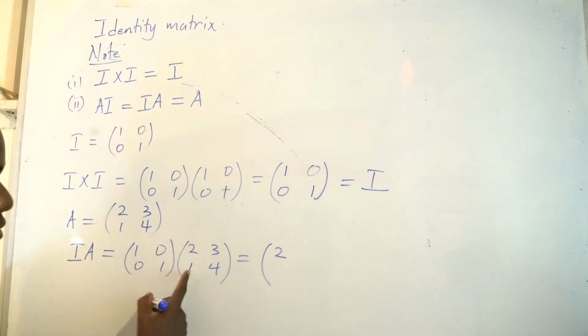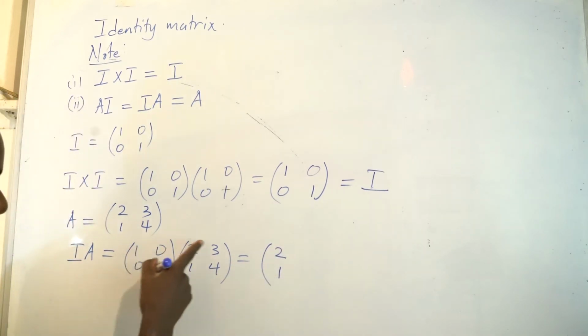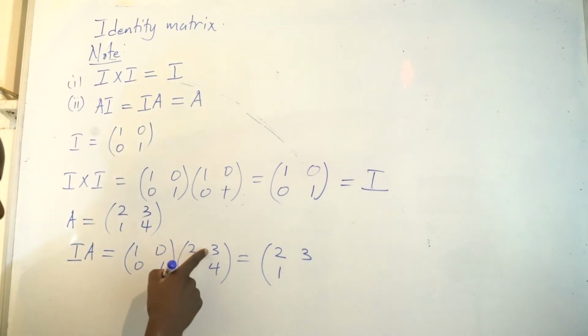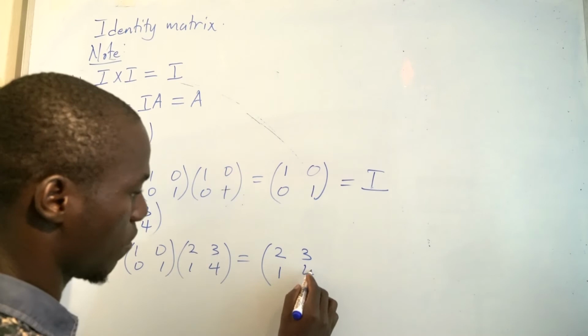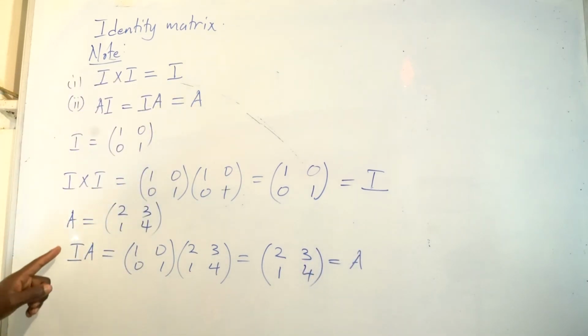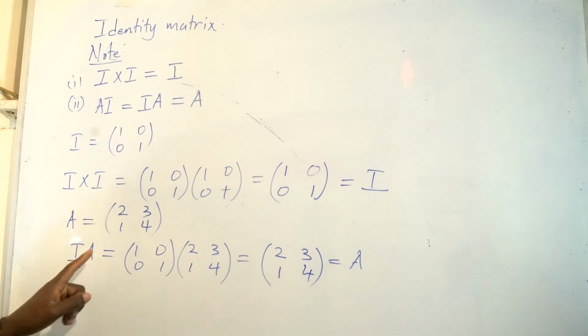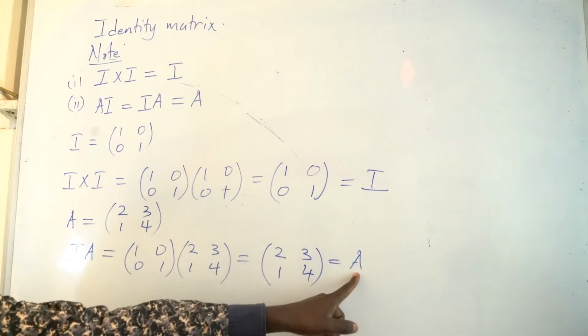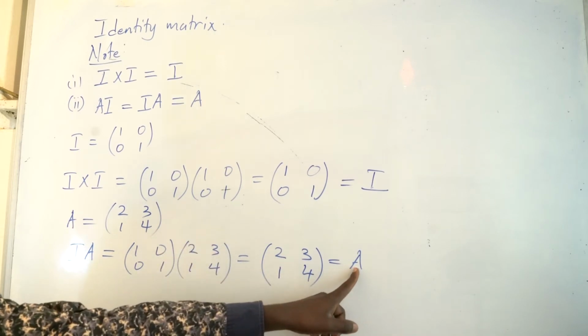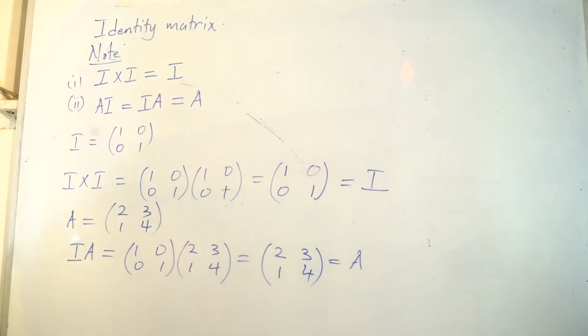This one is a 0 plus a 1. This one is a 3 plus a 0. This one is a 0 plus a 4. So I've multiplied the identity matrix times A, and the matrix that I get is the original matrix A.